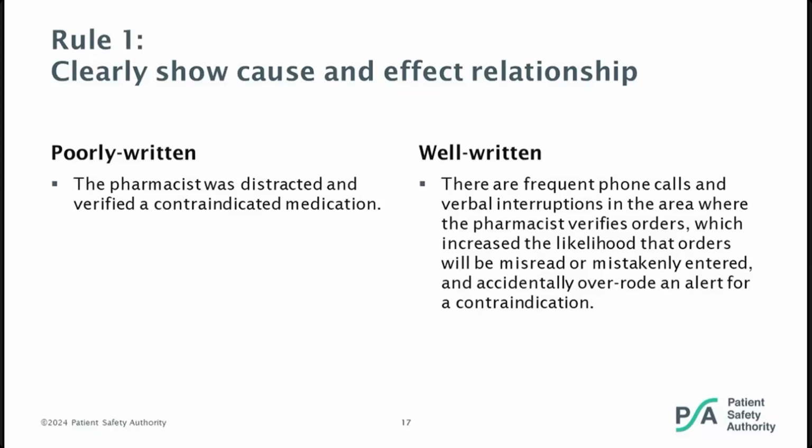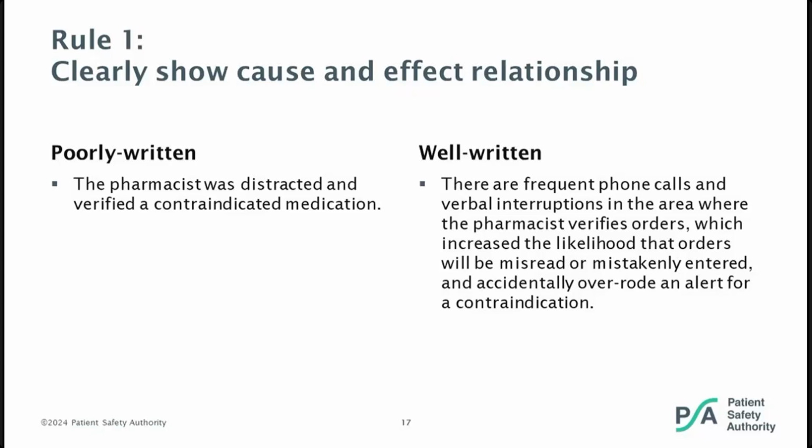So you can see in our well-written example, we have frequent phone calls and verbal interruptions where the pharmacist verifies orders. It increased the likelihood, so we know we're probably looking at a probabilistic cause here. And when we look at our causal statements, we're focusing on those probabilistic and direct causes. Our correlations aren't really going to factor in here. We have this environment that leads to distractions because of the phone calls and interruptions, which increases the likelihood that the orders will be misread or mistakenly entered.